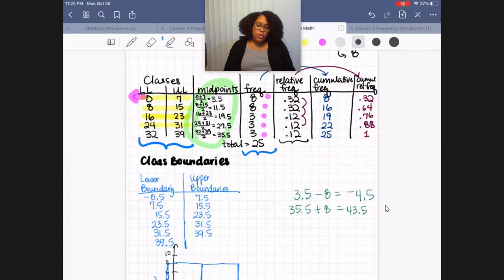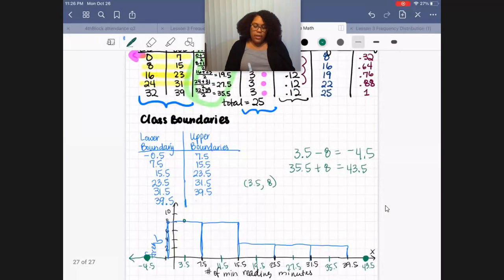Now we're going to use the midpoint as my x value, and we're going to use the frequency as my y value. So my first ordered pair is going to be 3.5, 8. Notice how that ends up being just at the very top of my bar graph. Same thing with my next midpoint. The midpoint 11.5 is going to have a y coordinate of 8 also. So I'm going to put a point here. My next frequency is 0.